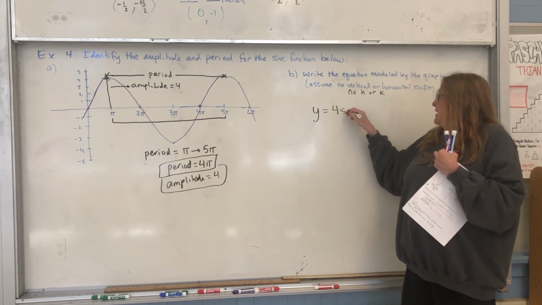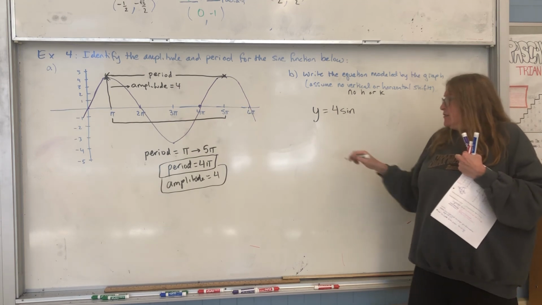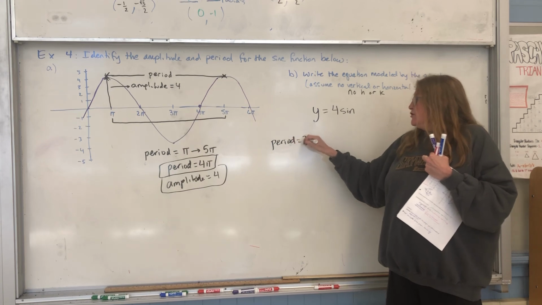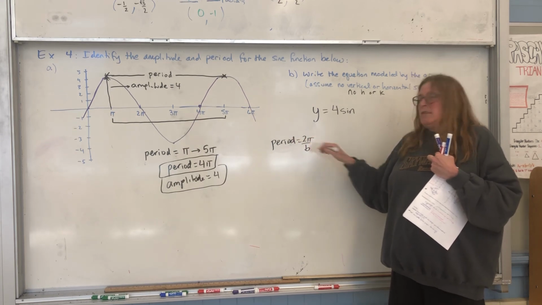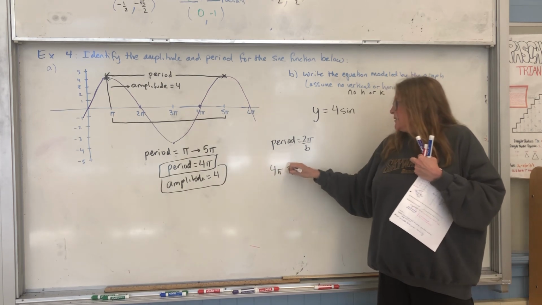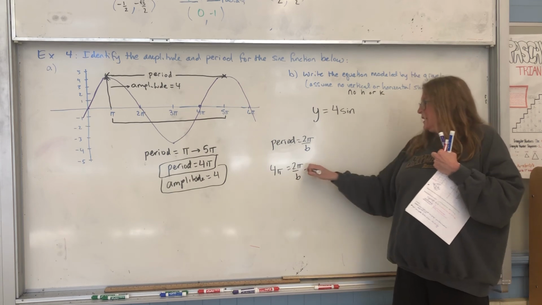So I know that that's going to be my amplitude. The period is equal to 2 pi over b, right? So we said right here the period is 4 pi.